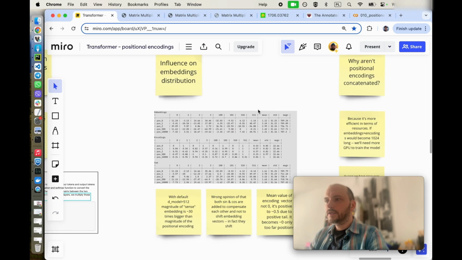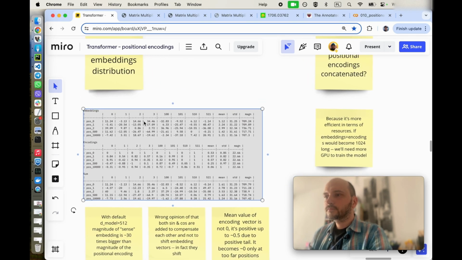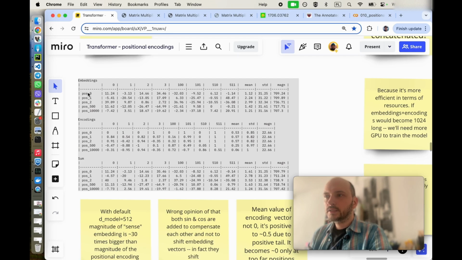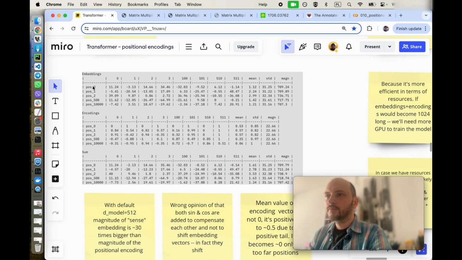And here I have an example of what they will be. These are 3 tables, one of them showing example embeddings. They are distributed in the same way as real embeddings will be, for positions 0, 1, 2, 500, and 10,000, and for different indices like 0, 1, 2, 3, then for indices 100, 101, 510, 511, and then we have the mean over the entire row, including the hidden numbers, standard deviation, and magnitude of the vector.